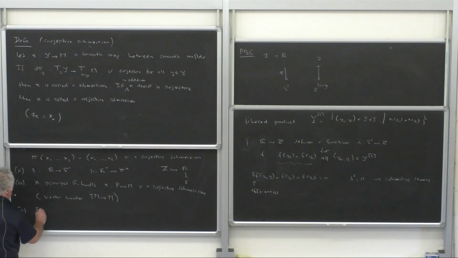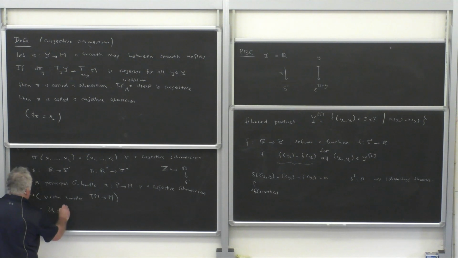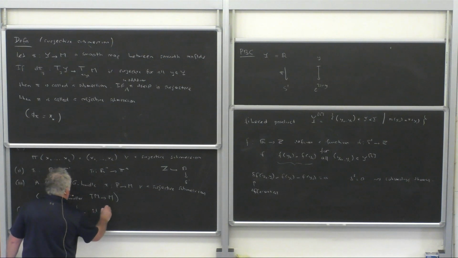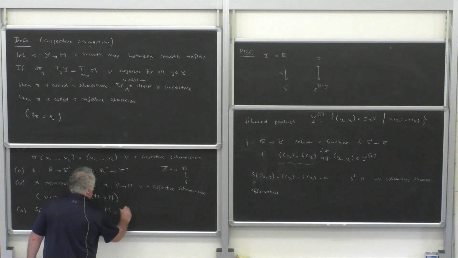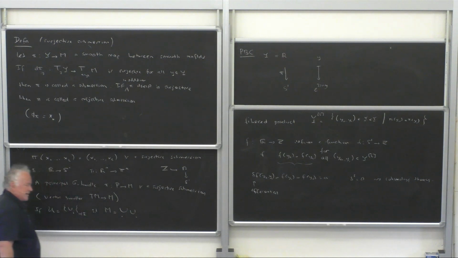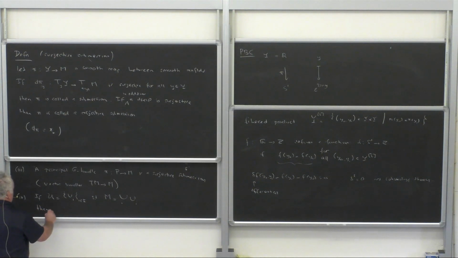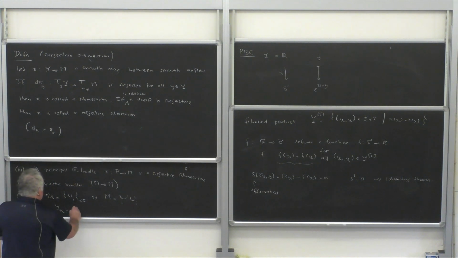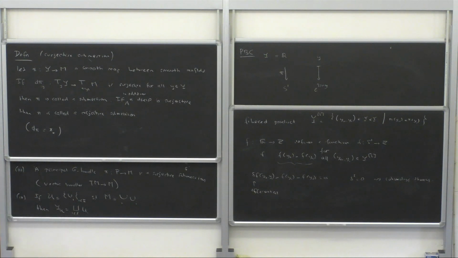So if U is a collection of open sets, such that M is covered by the sets U_i, then Y of U, so Y is my general notation for a surjective submersion, this one is related to this open cover U. If I just take the disjoint union, it turns out that's a surjective submersion.